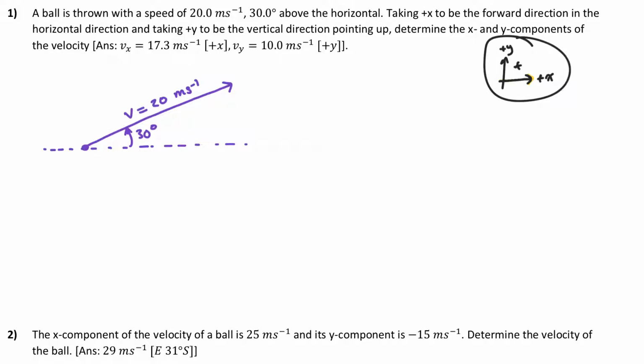And what we want is we want to figure out the x and y components. So x component will be in this direction, and the y component will be in that direction, at least the positive ones. So from here, we are going to try to get from tail to tip horizontally and vertically. So if we go horizontally, we're going to go from here to here. I'm going to draw that with pink.